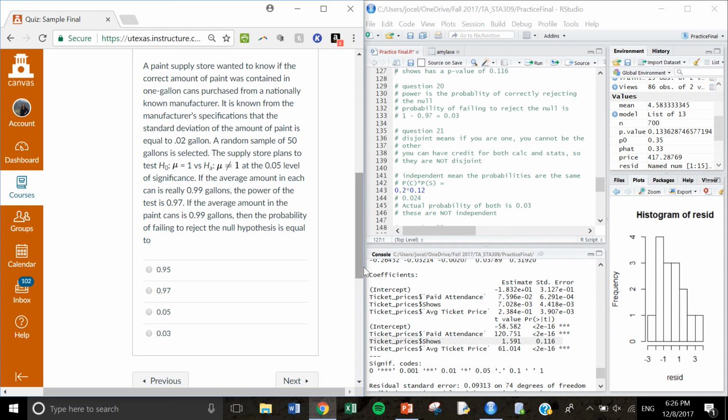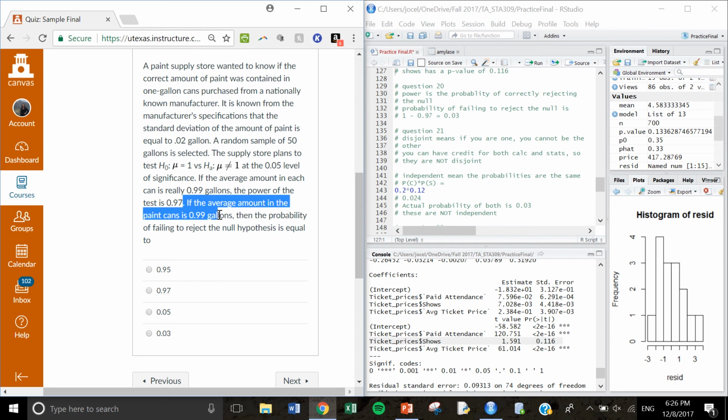The supply store plans to test that the mean is 1 versus the mean is not 1, at the 5% significance level. If the average amount of each can is really 0.99, the power of the test is 0.97.